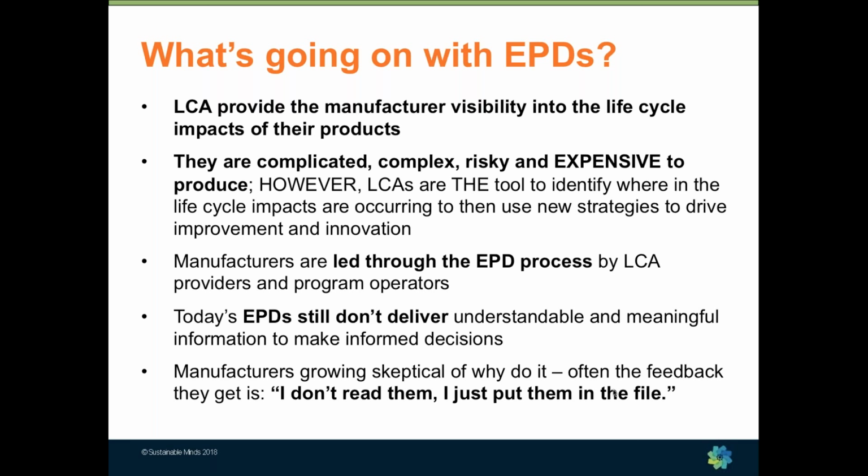They are complicated, complex, risky, and expensive, and they still are not able to necessarily connect them directly to winning bids, winning projects. And yes, there are some different things happening now: California legislation, owners and contractors who are requiring products with disclosures, but we're really still in the early stages of that.